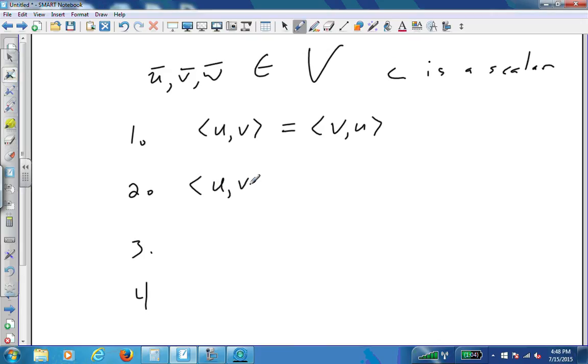Second, if you add a vector to one of them, then basically the distributive property applies. You take the inner product of u with the first one, plus the inner product of u with the second one.